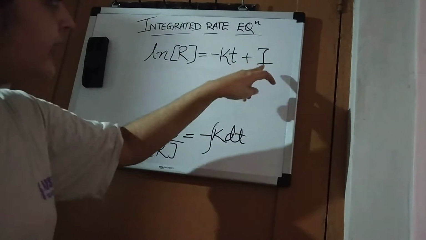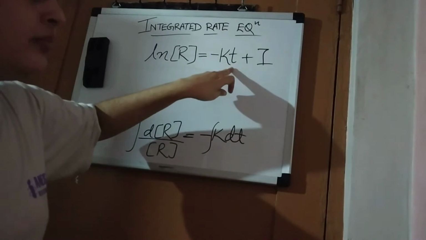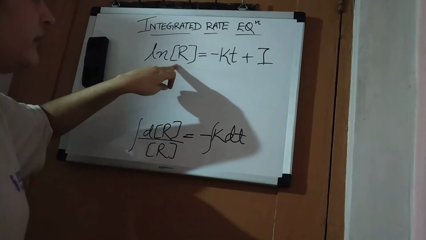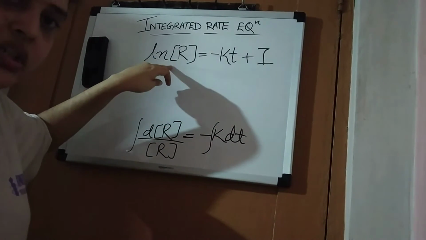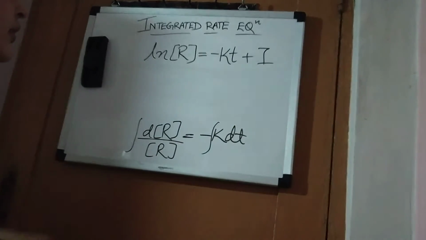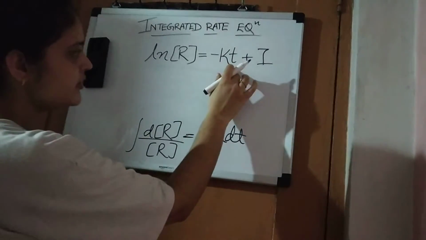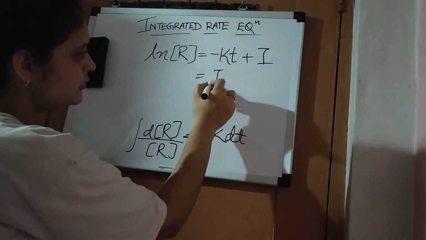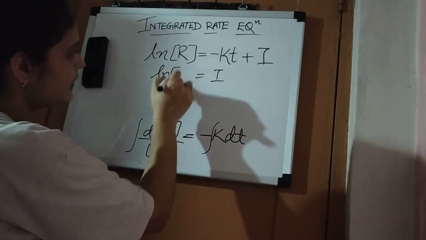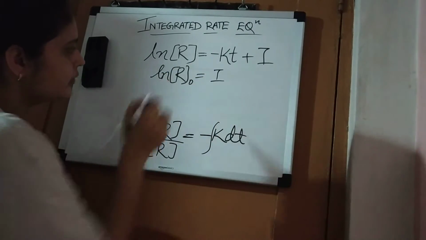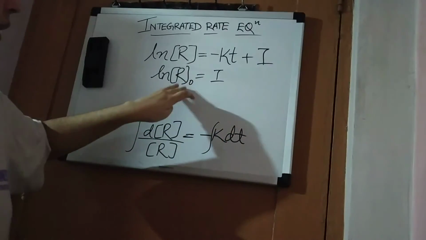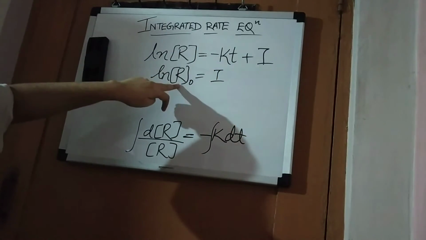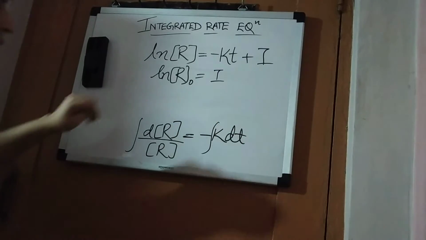Now to find out I, we must take time 0, and at time 0 the reactant concentration will become R0, that is the initial concentration of reactant. So what will we get? At time 0 this term will be eliminated, so I will be equal to ln R naught, right? So I will be ln R naught at time 0, and R will be R naught, the initial concentration.